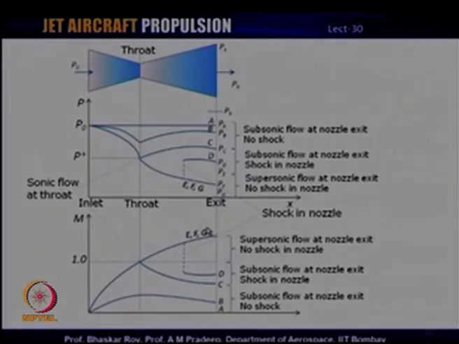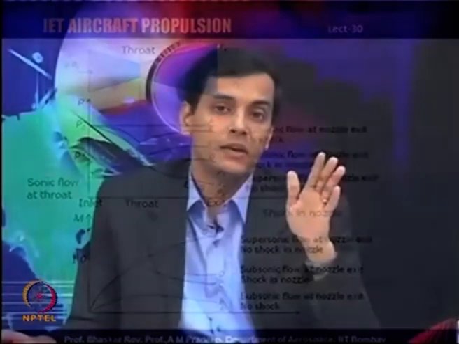So, this is the basic operation of a CD nozzle, a convergent divergent nozzle, where we can achieve supersonic flow under certain operating conditions, depending upon the nozzle pressure ratio.